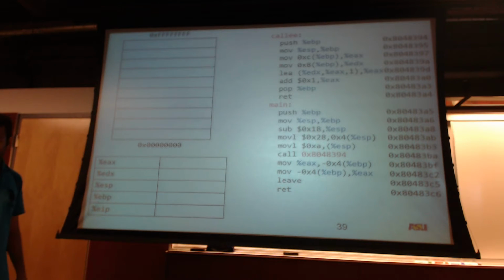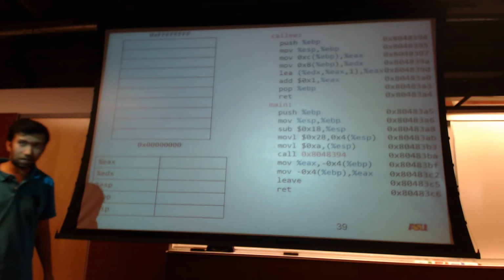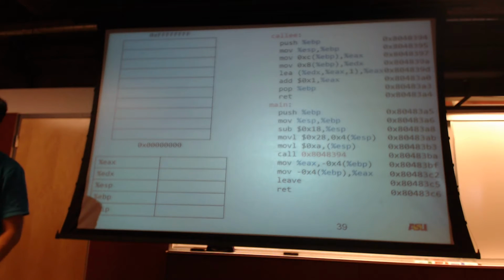Now, what's the difference between the stack pointer and the base pointer? It's a very good question, and we discussed this before. Initially, when a function runs, at the start, you haven't yet executed the first line of code of that function, then the base pointer is the same as the stack pointer.